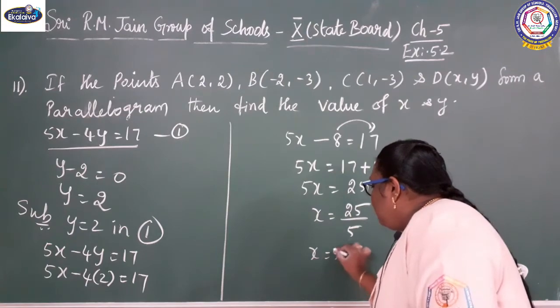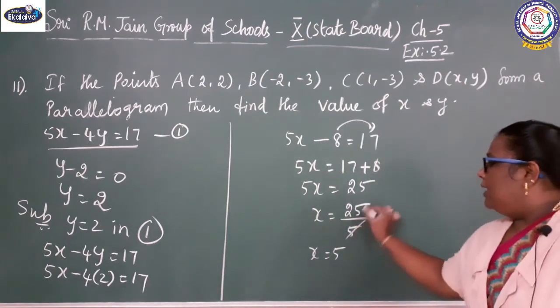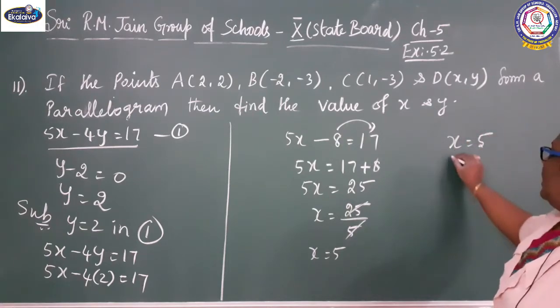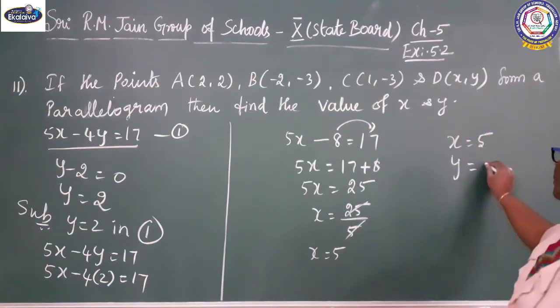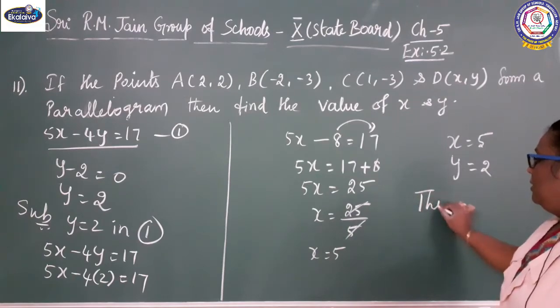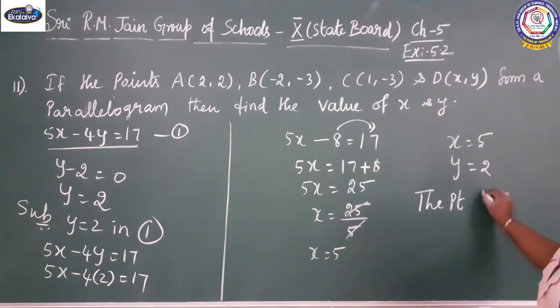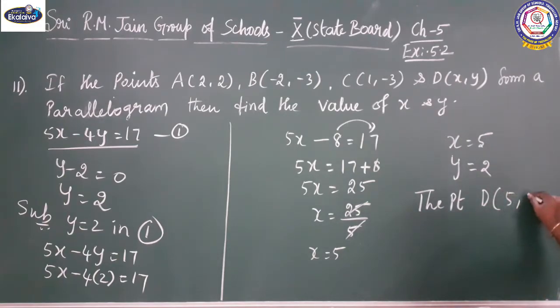X equal to 5. X value equal to 5 and y value equal to 2. The point, what is the point? The point D is 5 comma 2.